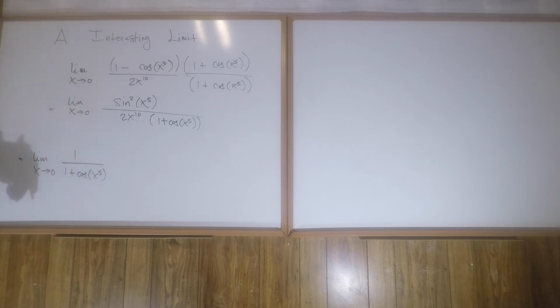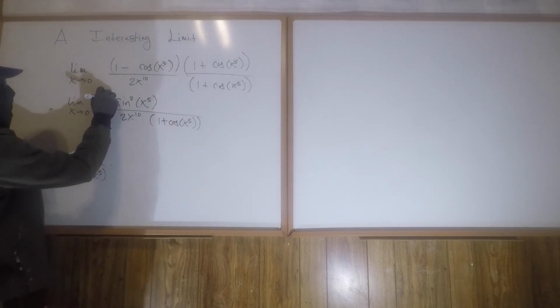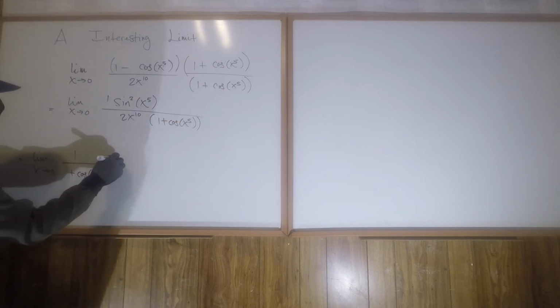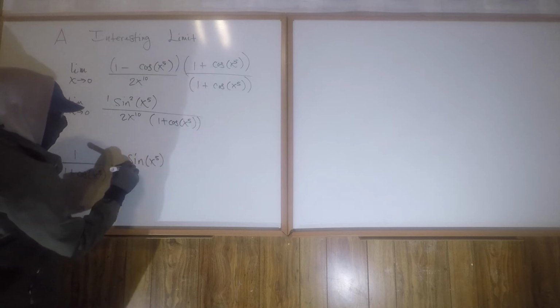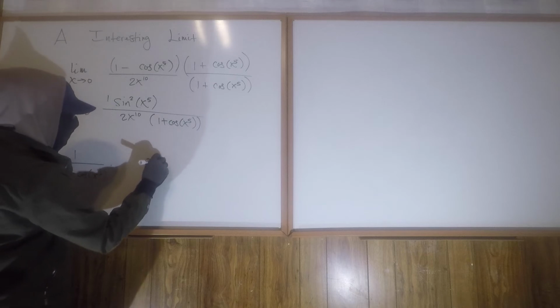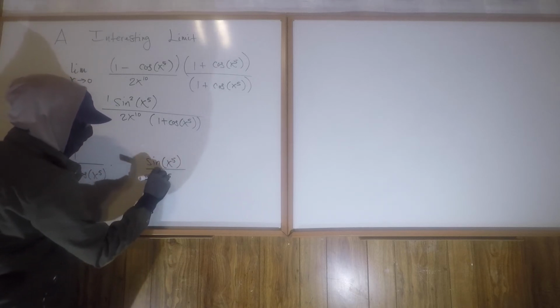I could have put it at the end, but I could do it in front if I want. So I just threw a 1 here and wrote 1 over this, and so now I'm going to write times sine x to the 5th over x to the 5th. I want a little bit of space, sorry guys, you'll see why.